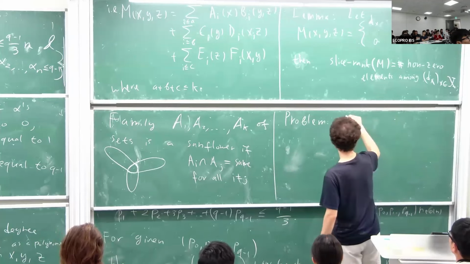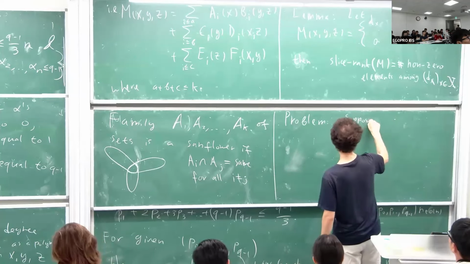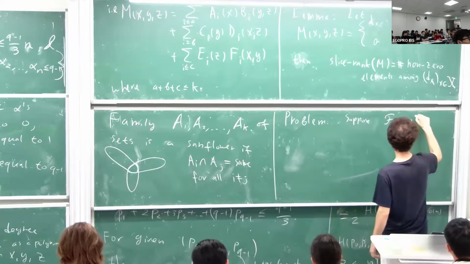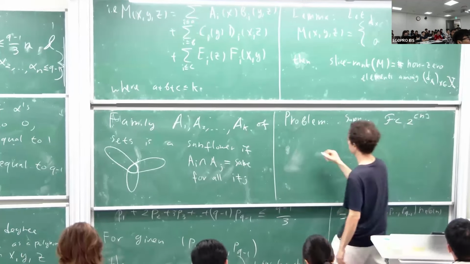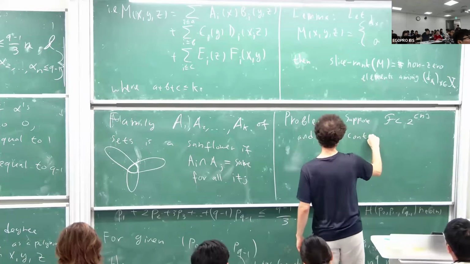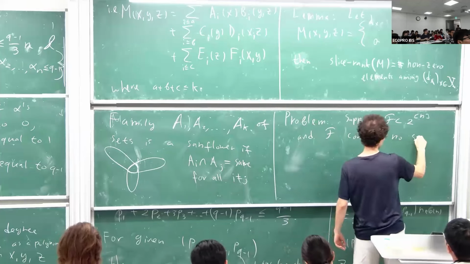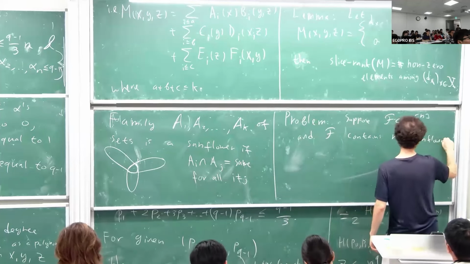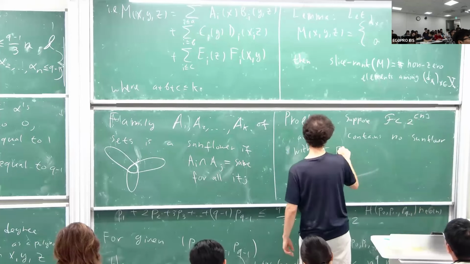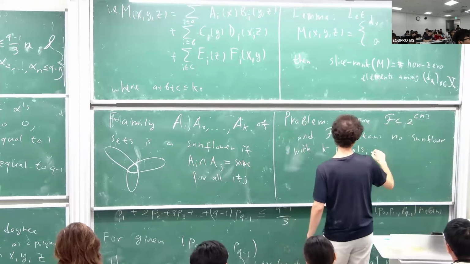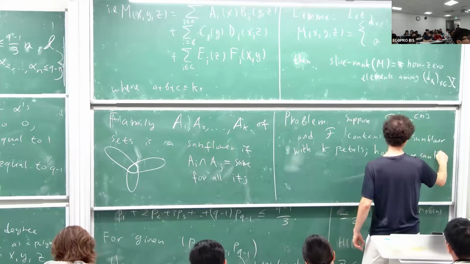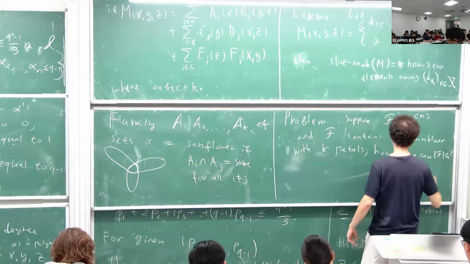So suppose F is a family of subsets of an n-element set, and F contains no sunflower with k petals. How large can F be? That's the question.